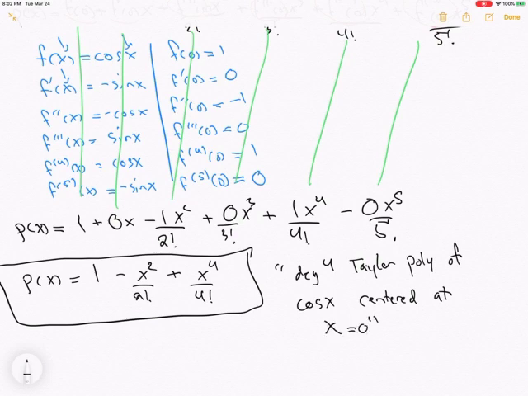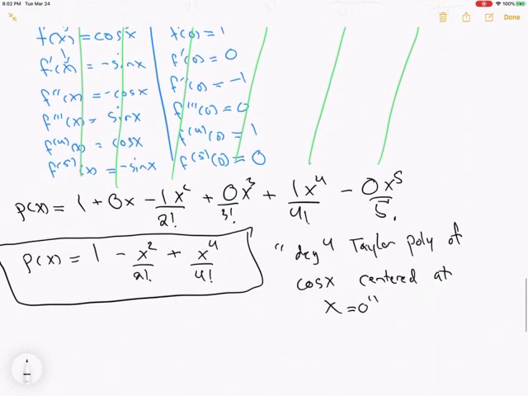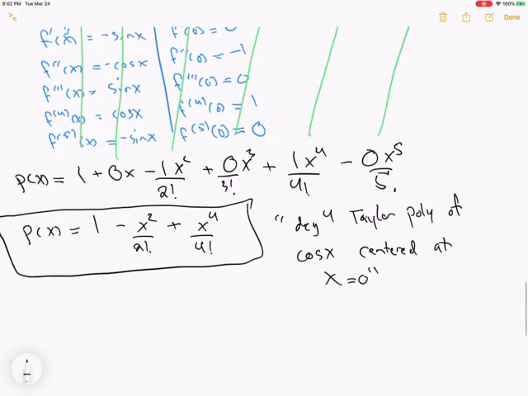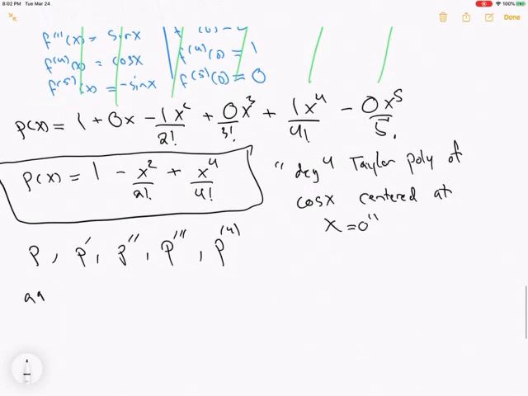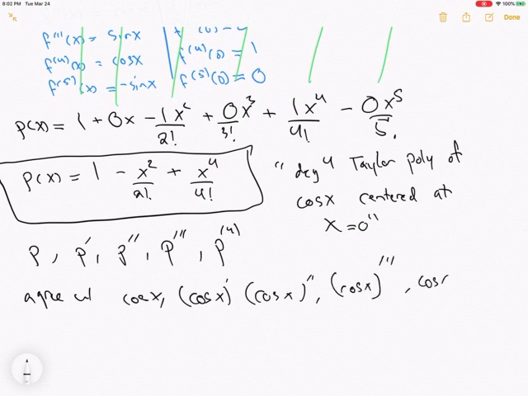at x equals 0. So this is a Taylor polynomial, so this thing has the property that p of x, p prime, p double prime, and p triple prime, and p fourth derivative agree with cos of x, cos x prime, cos of x double prime, cos x triple prime, cos of x fourth derivative at x equals 0.